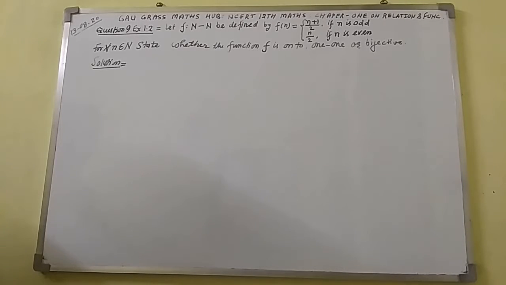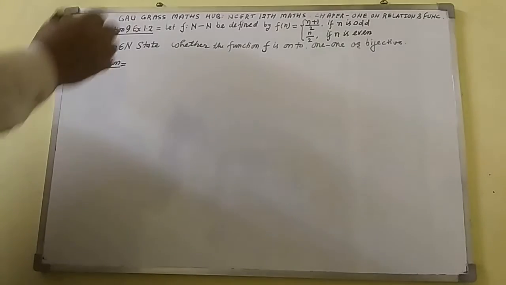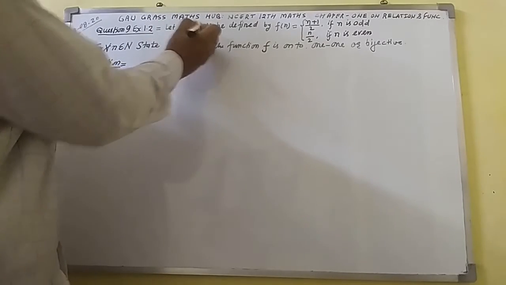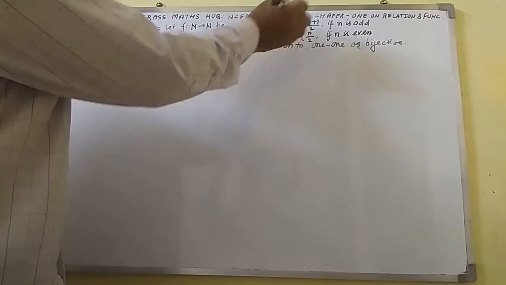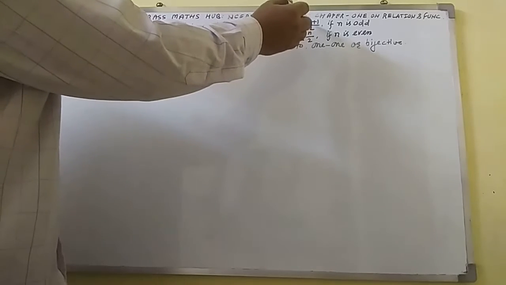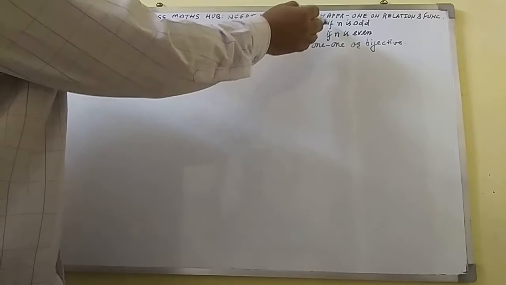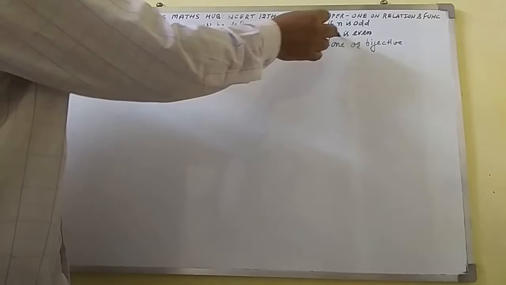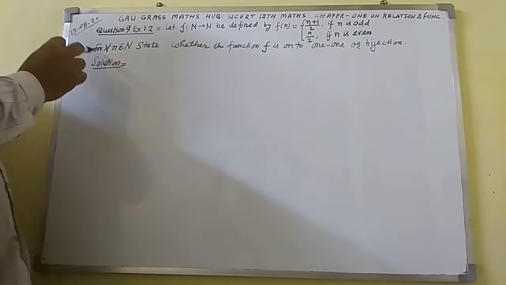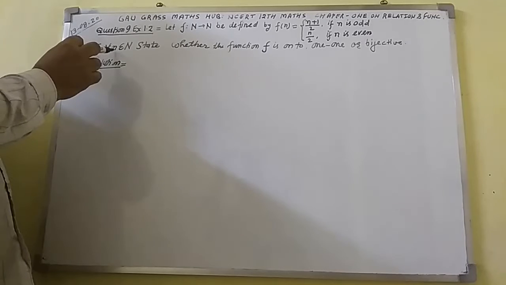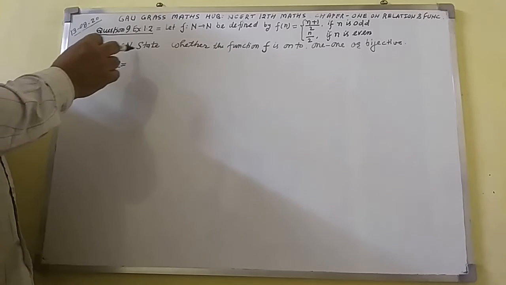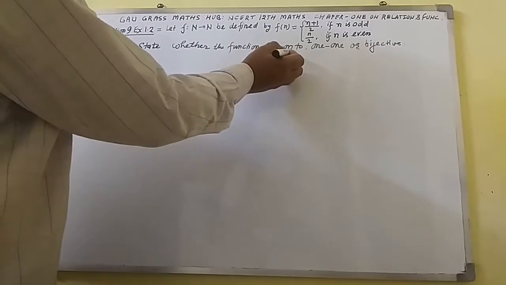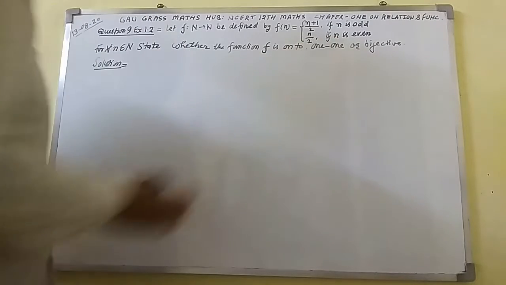Let f: N → N be defined by f(n) = (n+1)/2 if n is odd, and n/2 if n is even, for all n belonging to N. State whether the function f is onto, one-one or bijective.